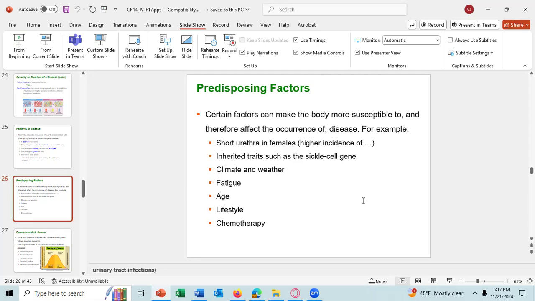And obviously, the summer has stronger UV light, and the UV light also kills viruses. Any question about any of that? So, the climate and weather can be predisposing factors.